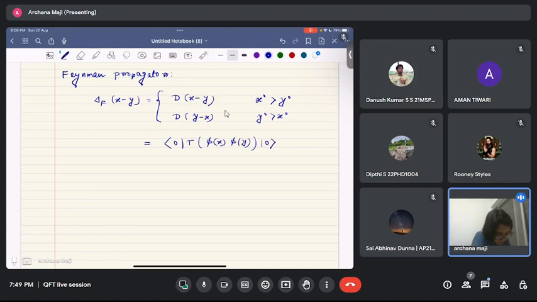Where T of phi x, phi y is equal to phi x, phi y when x0 is greater than y0, and phi of y, phi of x when y0 is greater than x0.